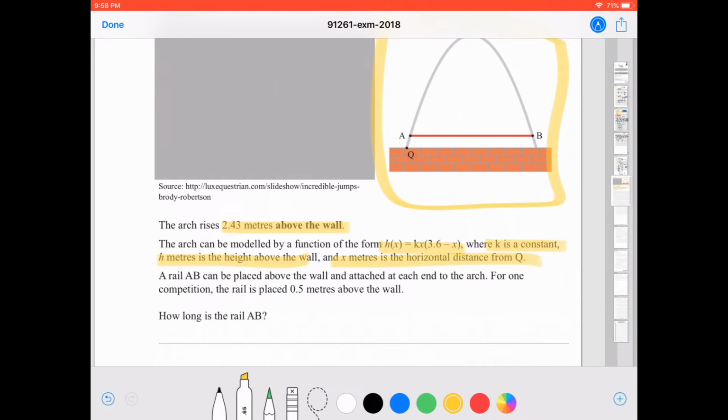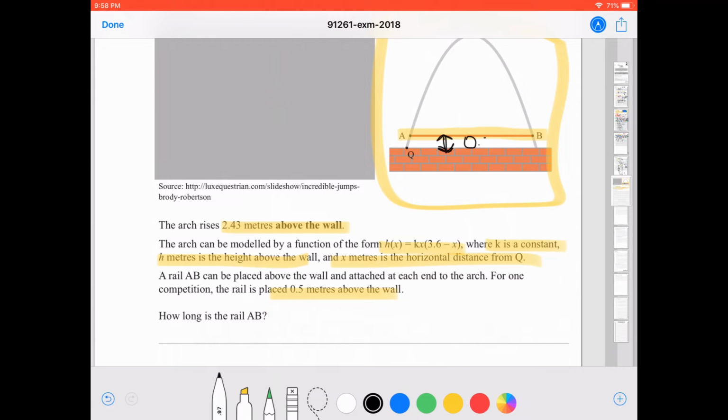Okay, a rail AB is placed above the wall, so that's this rail here, AB, and attached at each end to the arch. For one competition, the rail is placed 0.5 meters above the wall. So we could say, just in here, 0.5 meters.